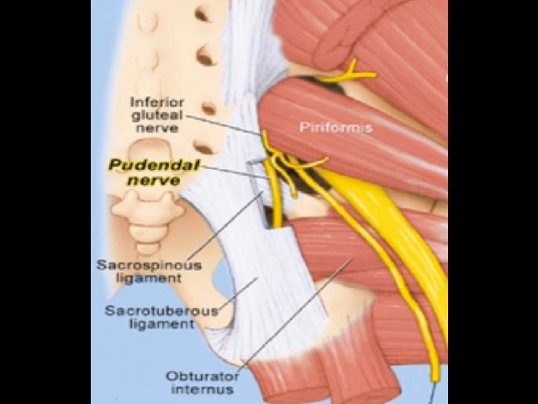And you can see how the pudendal nerve is right in between those two ligaments, and why they will have to cut at least one of those ligaments in order to be able to access that nerve, and free it and see what is causing the entrapment.